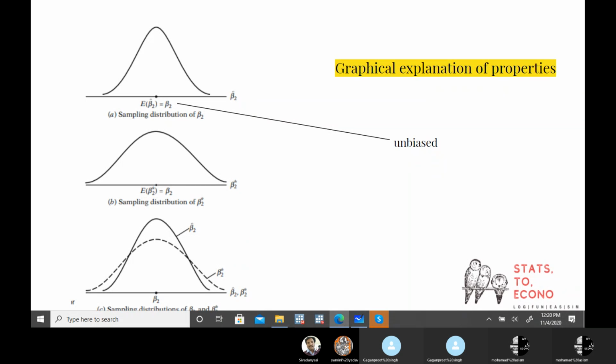The minimum variance property means that the variance of the sample estimates which you have calculated from the OLS method is minimum as compared to the variance of other sample estimates that you have calculated from any other method than OLS. So it's saying that the variation among your sample estimates with the OLS method is less as compared to the variation among sample estimates from any other method.